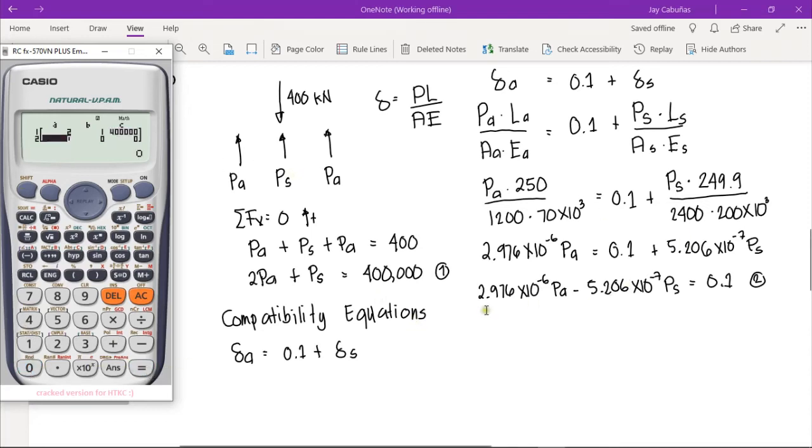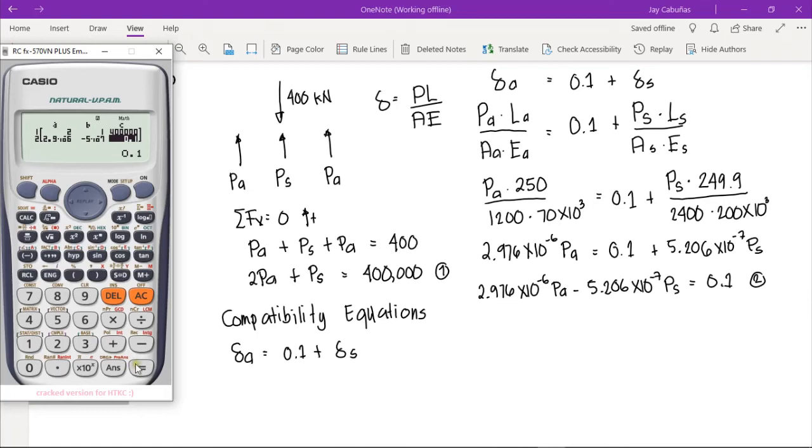Then for the second equation, the coefficient of PA is 2.976 times 10 raised to negative 6. Then you have negative 5.206 times 10 raised to negative 7. And then the right side of the equal sign is 0.1.